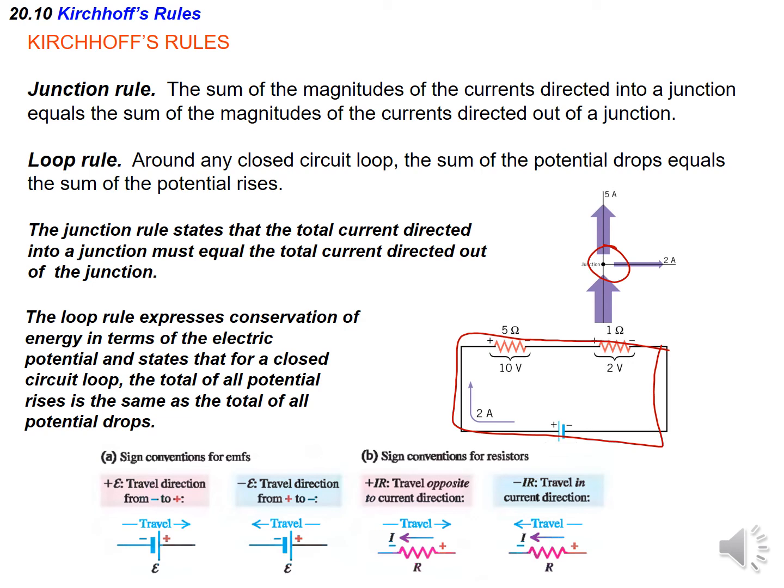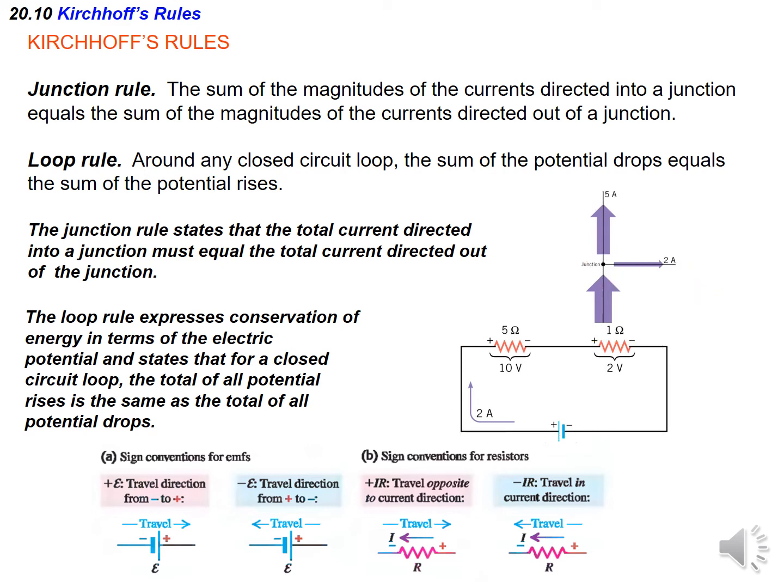So meaning if this is directed out, this is also directed out, and this is directed into the junction. So the formula is simply this current plus this current equal to the current directed into. So that is the equation.